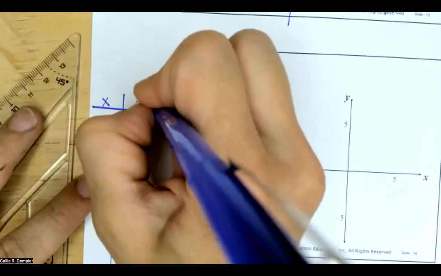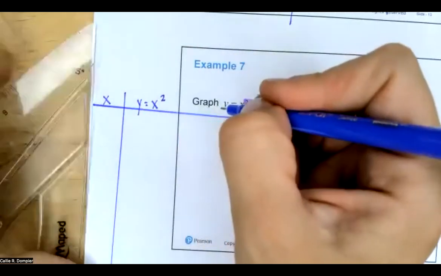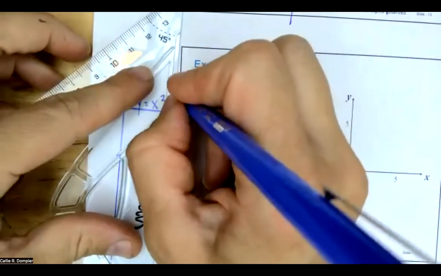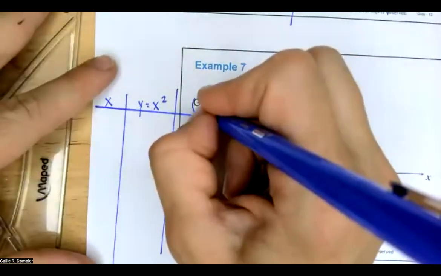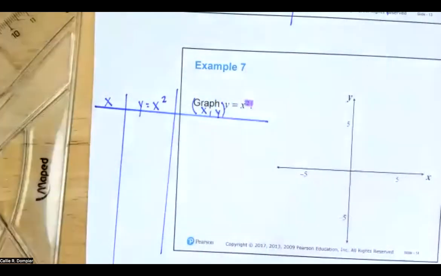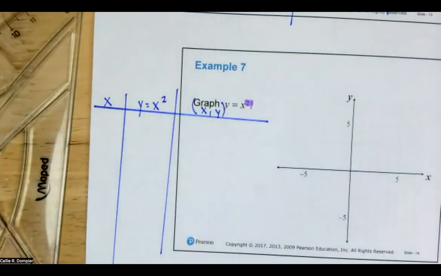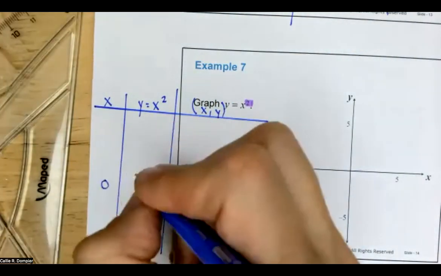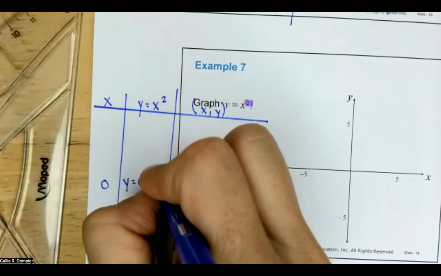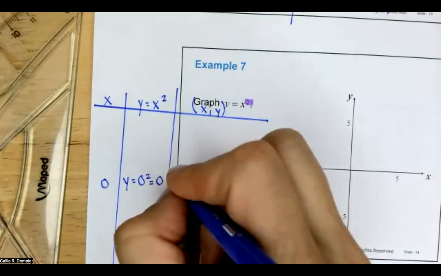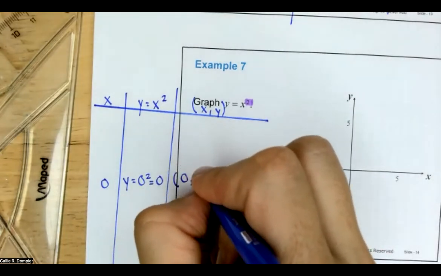Y equals x squared. Sorry, I should not have drawn that like that. And then x, y. Good, so let's find some points. When x is 0, y equals 0 squared, which is just 0, right? So our first point is going to be (0, 0).